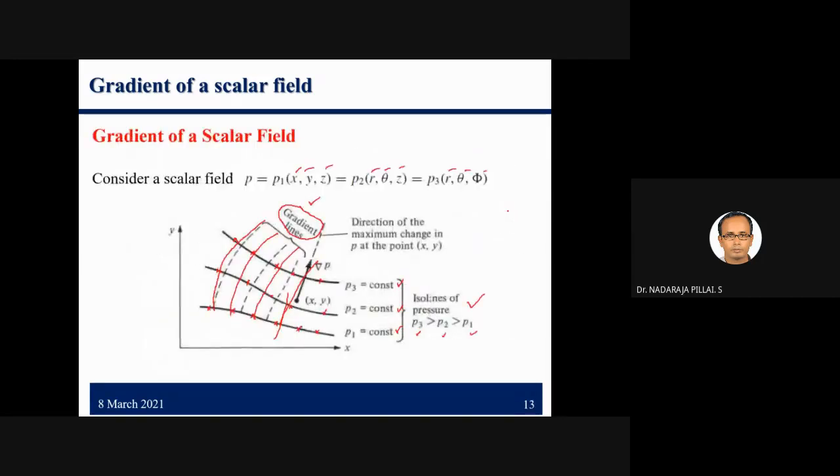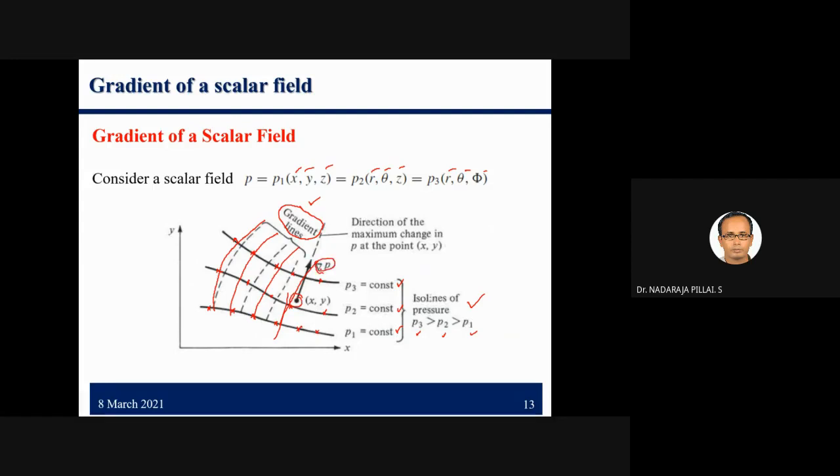Before that, what is gradient? The gradient is because of the flow of fluid in the direction of the pressure difference, the direction of maximum change. So if you want to represent at any point x, y, we can represent in terms of del.